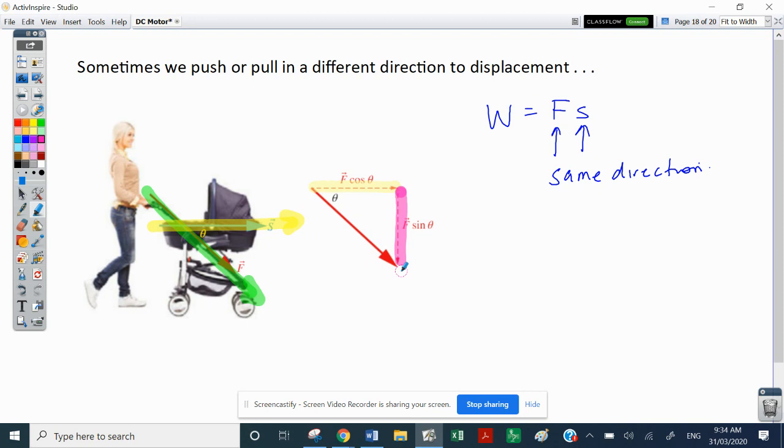It's only the yellow component, the top component here, which is actually in the same direction as displacement. This part of the force, the F sine theta in this case, is not doing any work, because even though it is pointing down and it is a force, the pram is not moving down. It is not moving into the earth. So this is the only force causing work.